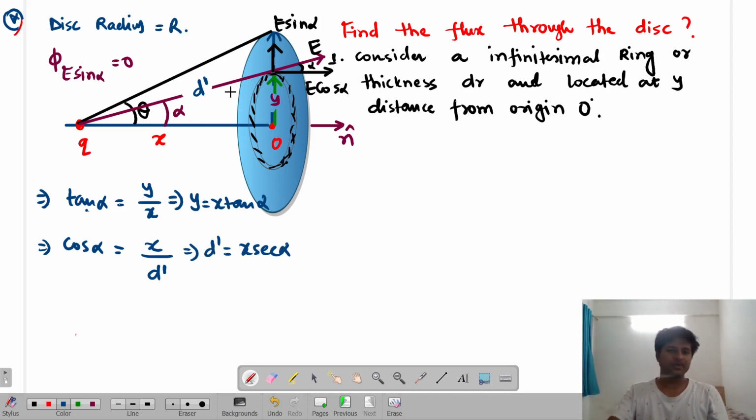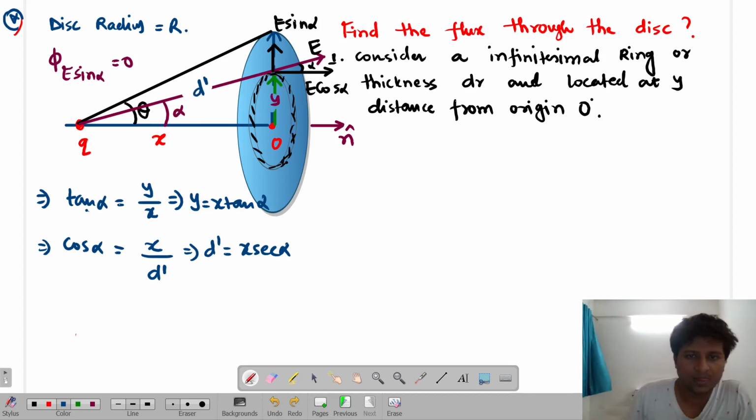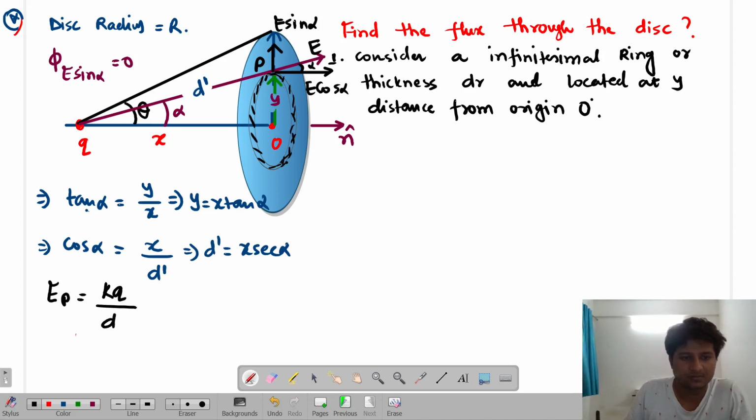Got it? So represent it this way, because if you are considering a square root, once again you will have to write in terms of sine or cos ultimately. Okay, got it or not? So then look over here. Electric field due to this charge at this point P is what? Simple, 1 by 4 pi epsilon naught, that is K, charge is Q by d dash square.